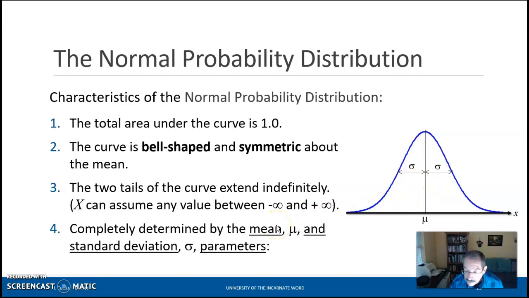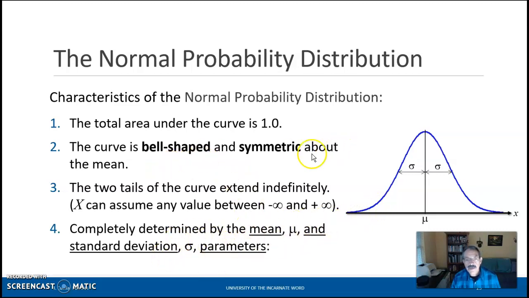And another very important characteristic of the normal distribution is that it is fully determined by the mean and the standard deviation parameters. Perhaps you remember mu from module 3, which is the measure of central location, and sigma is the standard deviation of the population, and that's a measure of variability of the data in the distribution.